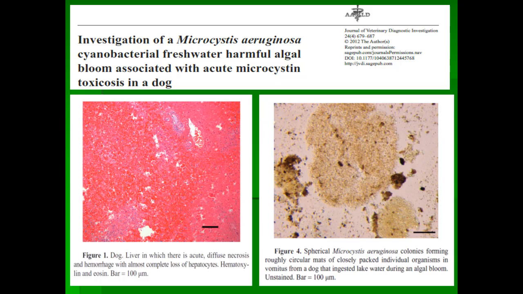On histopathology, the picture was of a complete loss of hepatocytes of the entire liver lobule with replacement by red cells. In the vomitus of the dog, they identified the round colonies of Microcystis aeruginosa, forming circular mats of closely packed cells. They also confirmed the presence of microcystin with sophisticated lab analysis in the liver and the stomach contents.